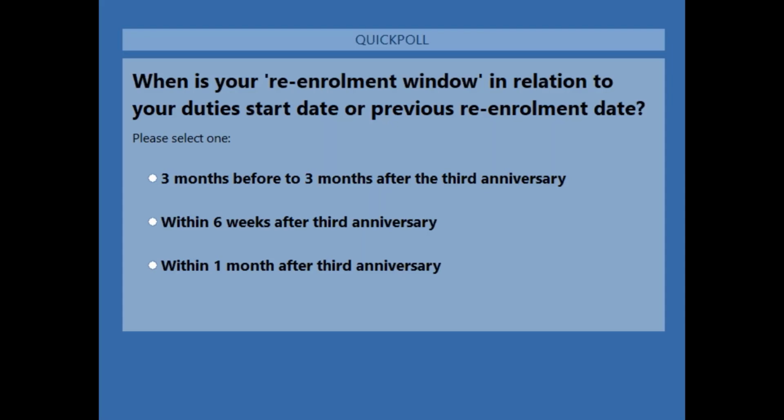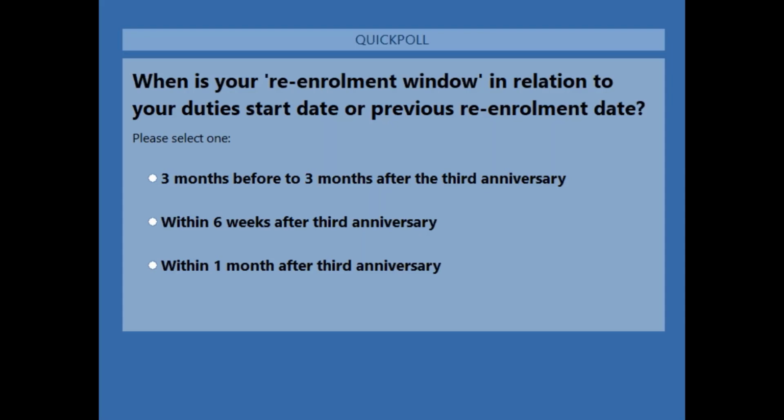Is it within 6 weeks after the third anniversary? Or is it within 1 month after the third anniversary? So when is your re-enrolment window in relation to either your duty start date, if it's your first re-enrolment, or your previous re-enrolment date?